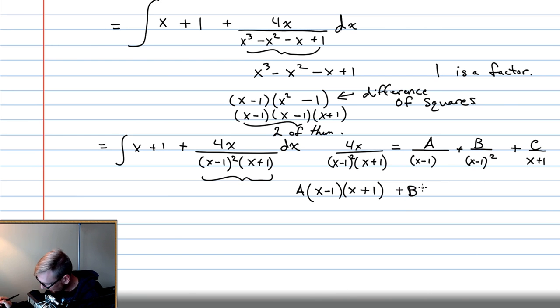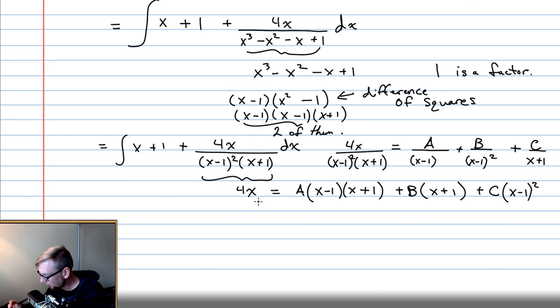Plus b times, and what is it missing? It's just missing an x plus 1. And c is missing the (x minus 1) squared. And all of this, when you multiply it out and solve, should just equal 4x.